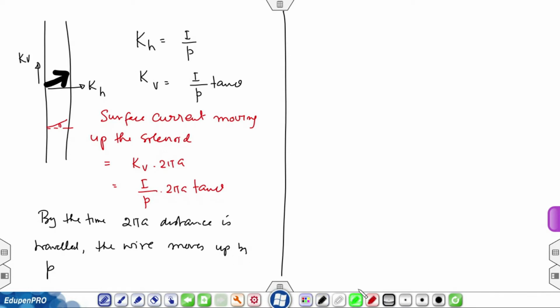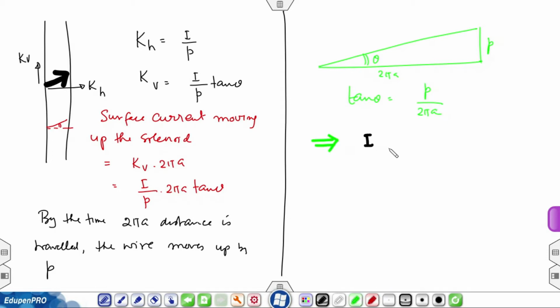That is, by the time I travel this distance 2 pi a, this is the vertical distance travelled, and this angle is theta. So, tangent theta is p over 2 pi a, and this immediately gives you I vertical is equal to I over p times 2 pi a times p over 2 pi a.